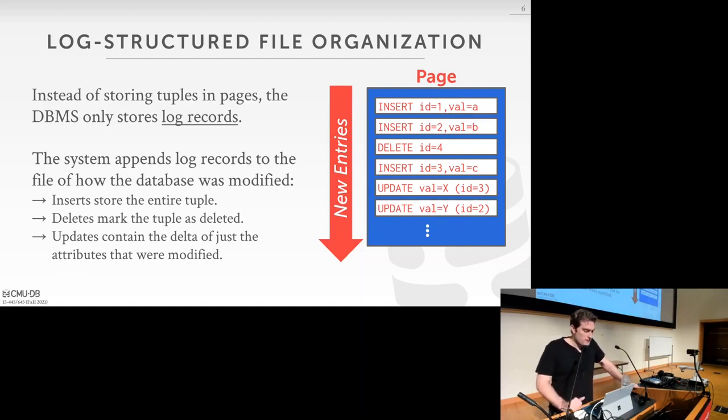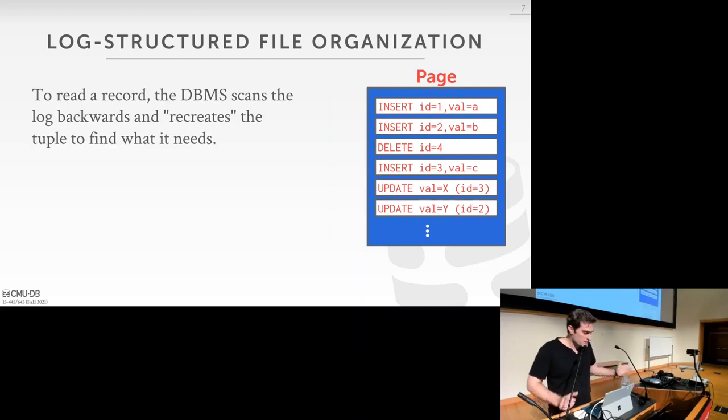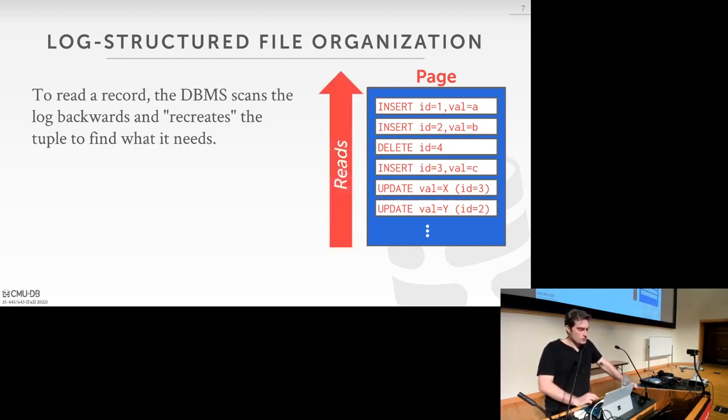So of course, if we get fast writes here, then on the other side of things, it's going to become a little bit trickier to do reads. So to read a record, what we have to do is essentially scan this log backwards in order to recreate the tuple that we want to query.